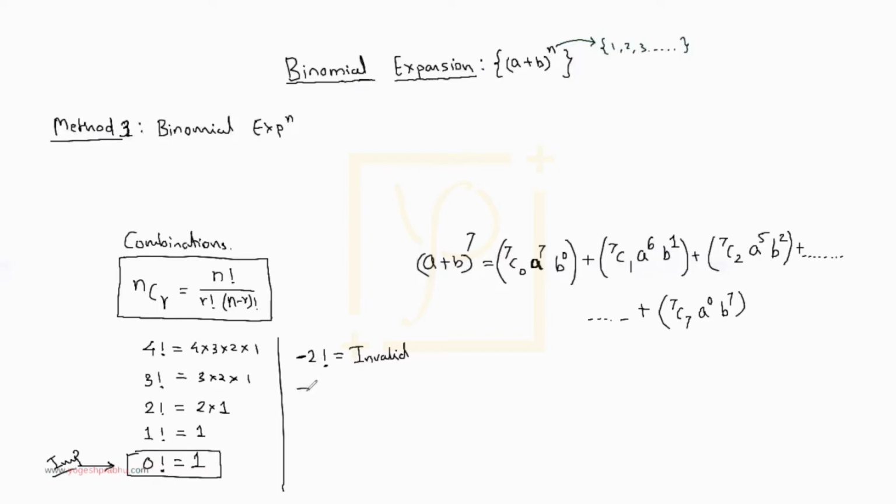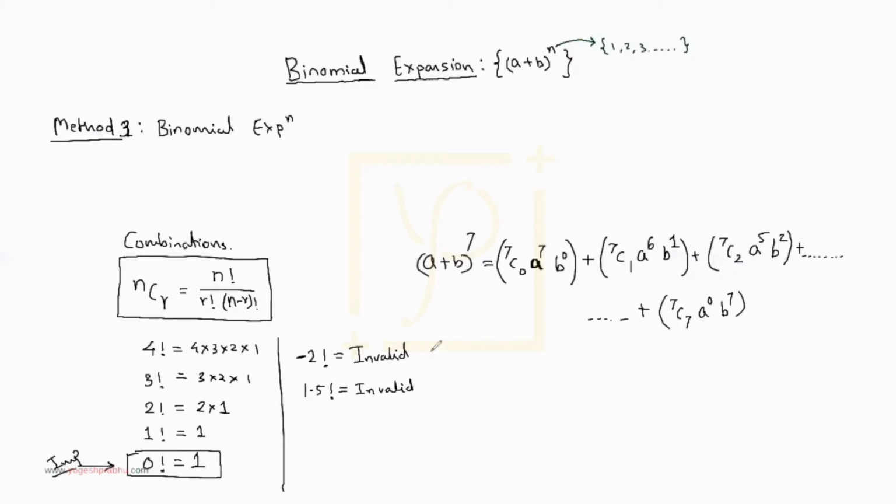What is the factorial for 1.5? Even for fractions, it is invalid. So please understand, factorials are to be used only for the whole numbers from 0 onwards. For negative numbers, you can't. For fractions, you cannot. You can only use it for the whole numbers, from 0, 1, 2, 3, 4 onwards. That's the idea of factorial.